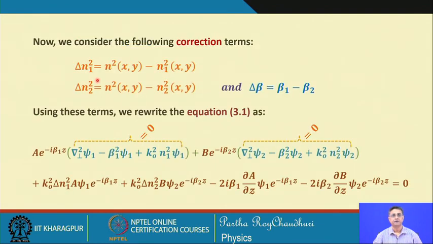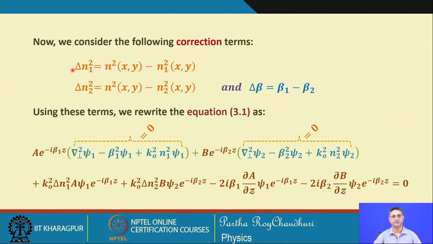So, now we also make a correction term, that the region where you have the only one waveguide, but looking at the composite structure which is represented by this n square. So, this is the correction which is introduced to this quantity to get this equation.